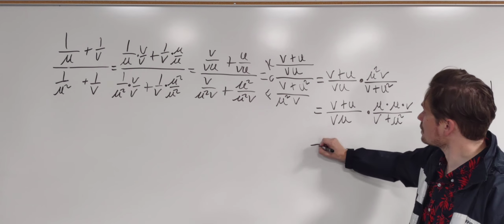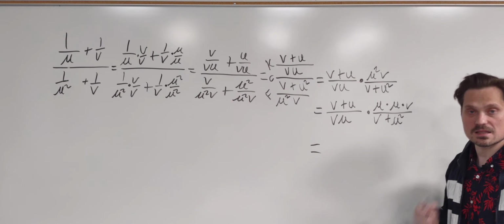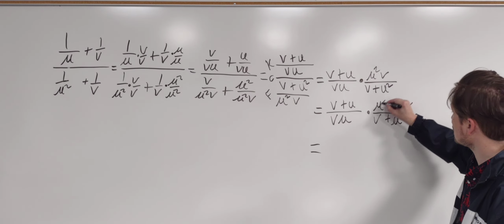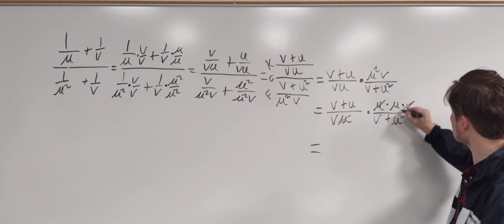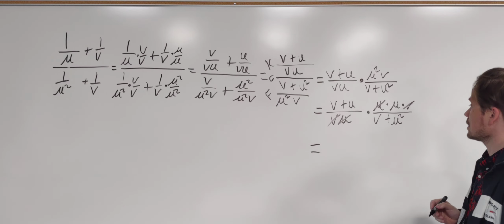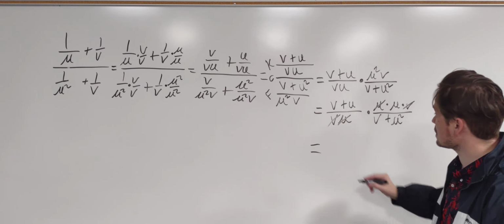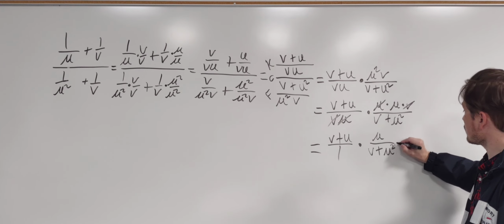Now, between these, cancel what you can. So this u cancels with this u. This v cancels with that v. And all that remains then is the v plus u from here over 1 times what remains over here, which is u over v plus u squared.